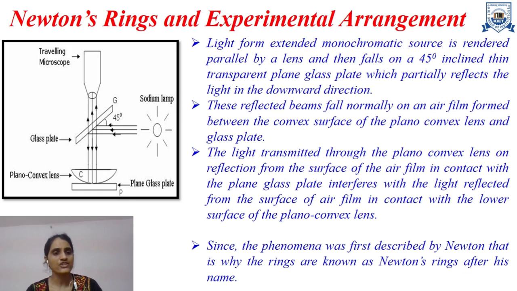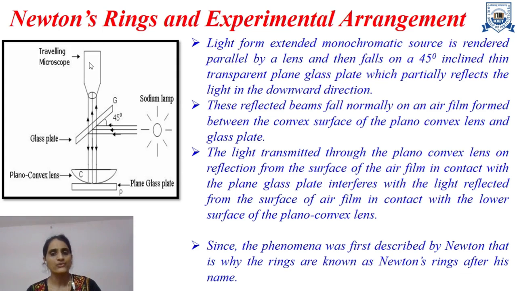In the downward direction, we see a plano-convex lens denoted as C and a plain glass plate denoted as P. The plano-convex lens is placed on this plain glass plate. The light from the thin transparent glass plate G falls normally on the plano-convex lens and plain glass plate, the light is reflected back, and the image is viewed through a travelling microscope.